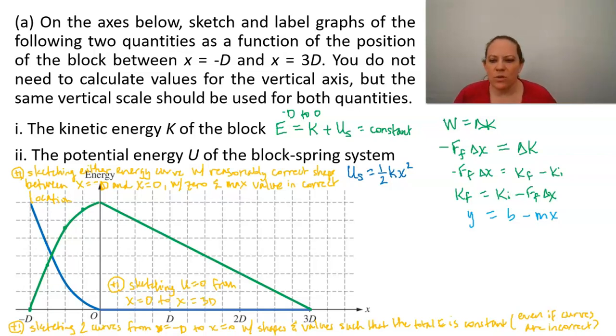And then our final point is going to come from sketching kinetic energy as a linear function from its max value at x equals 0 to 0 at x equals 3d.